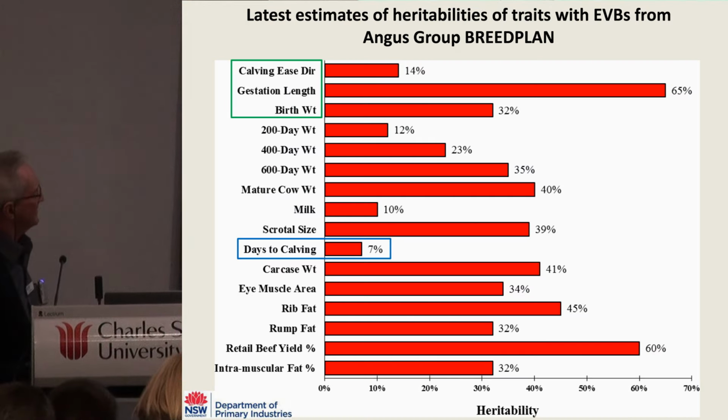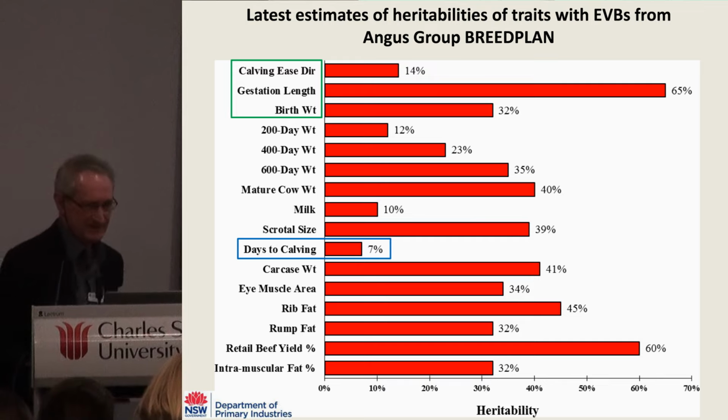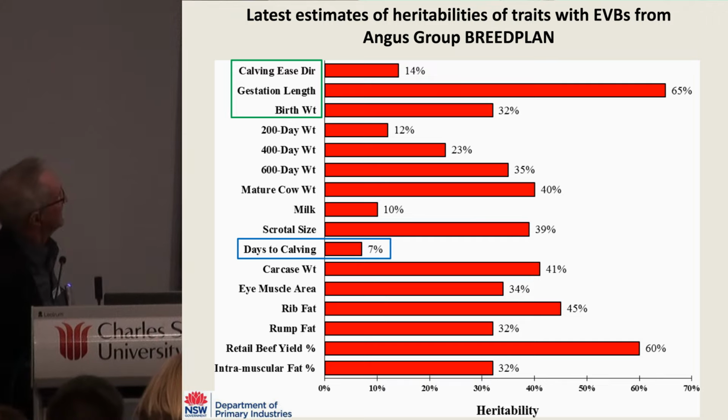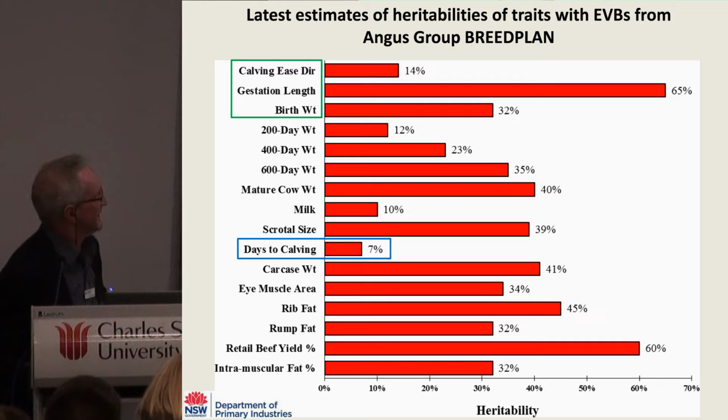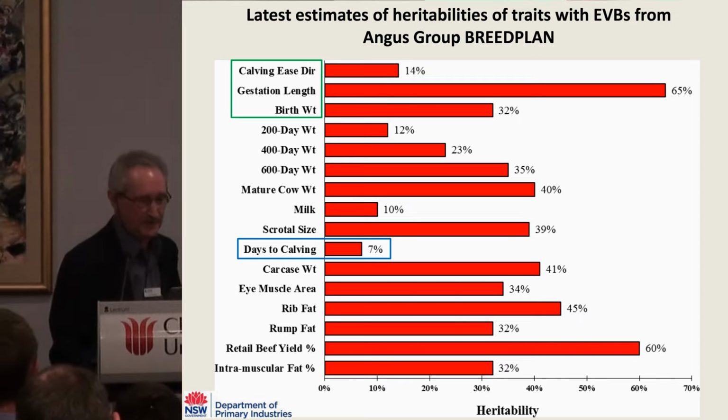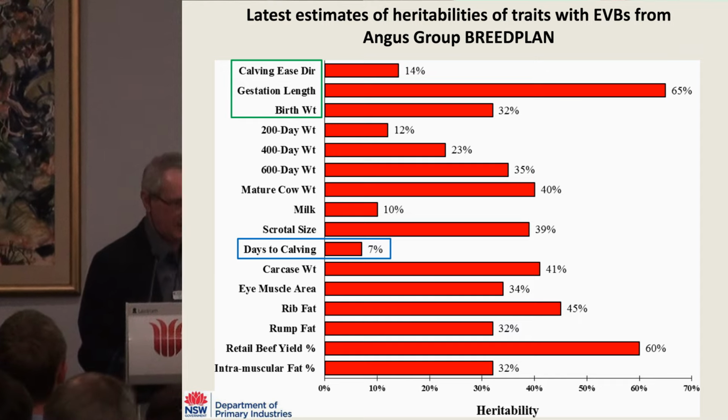Talking about EBVs, there's more or less the suite of things that are available currently, and if you look at the set, there's only a couple that relate to fertility. Days to calving is the main one that's going to affect it directly, and unfortunately it has a very low heritability, so it's going to be very slow genetic gain selecting with a trait like that.